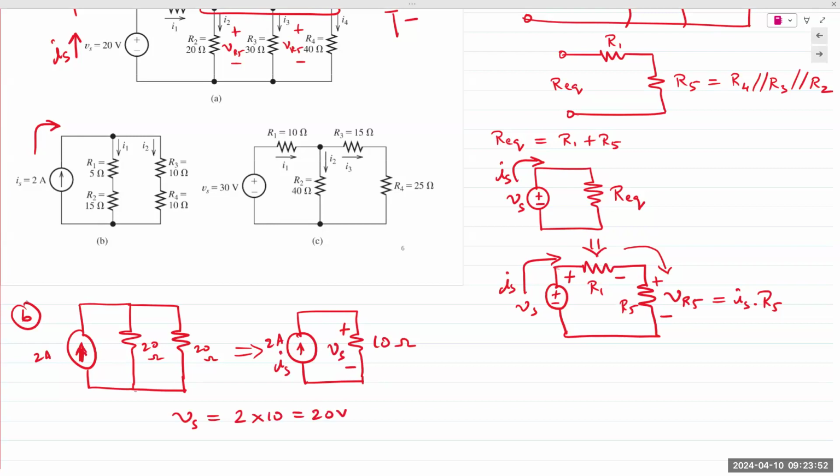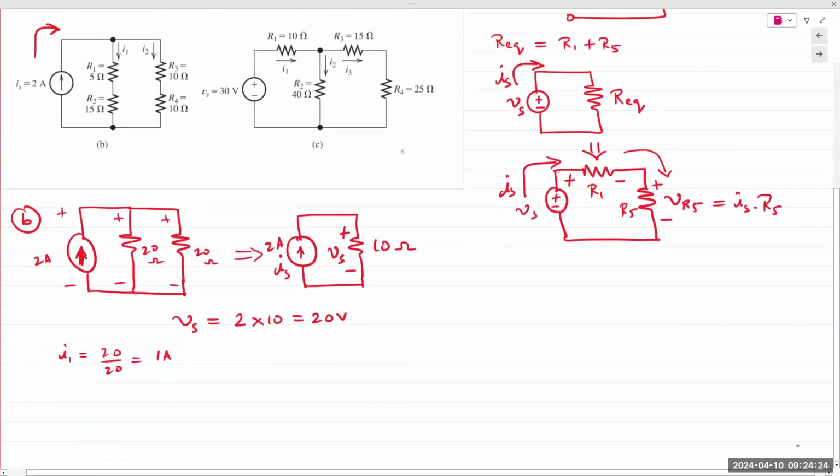Straightforward, easy enough, right? 20 volts appears across the current source, across the first branch, and across the second branch. It's a parallel circuit, so 20, 20, 20. Voltage remains the same. So apply Ohm's law, and you can find I1 as equal to 20 divided by 20, 1 amp, and the same thing for I2.